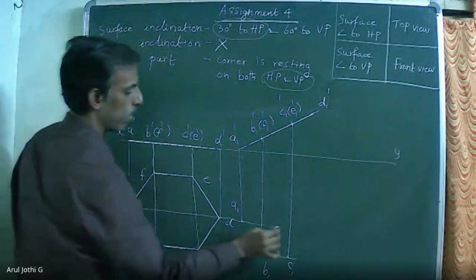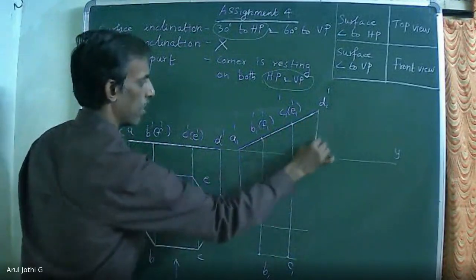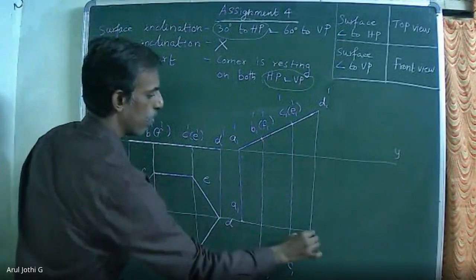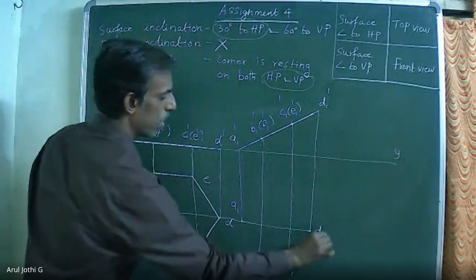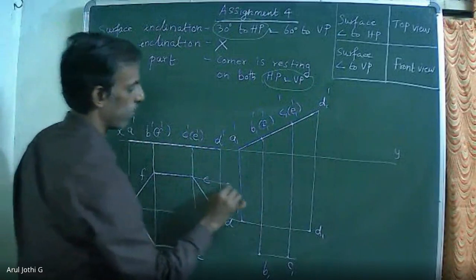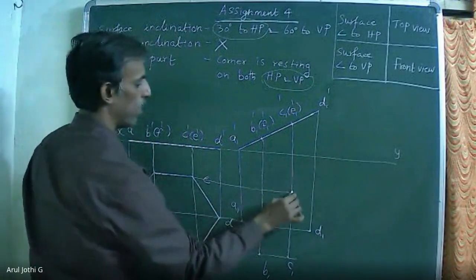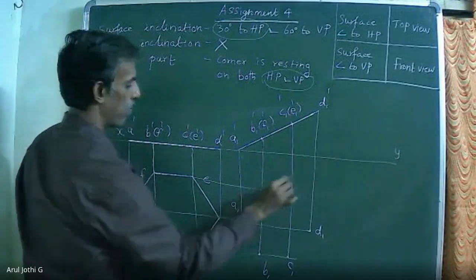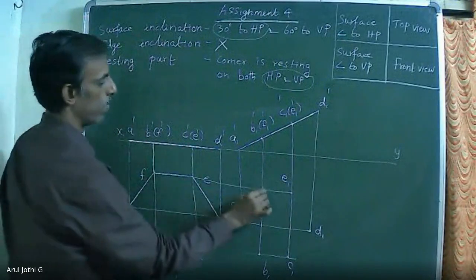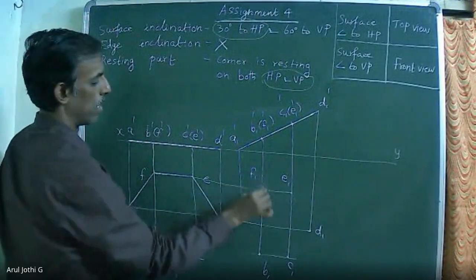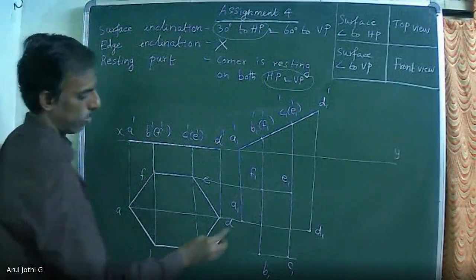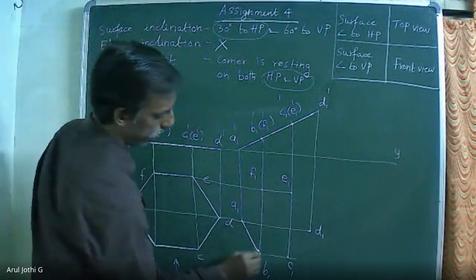Extend the corner point D, D1 dash. Extend the corner point E, E1 dash. Extend the corner point F. So we are getting the apparent top view.